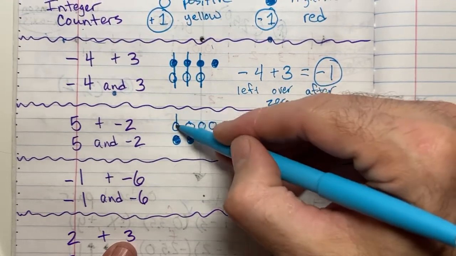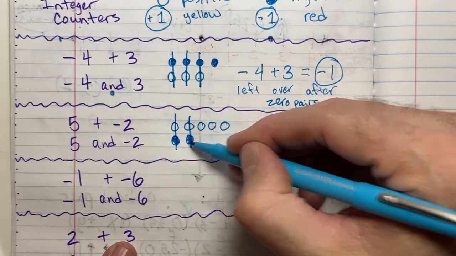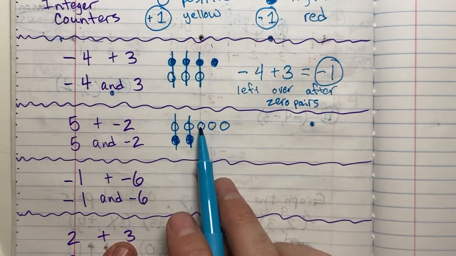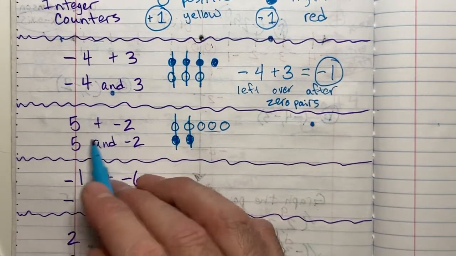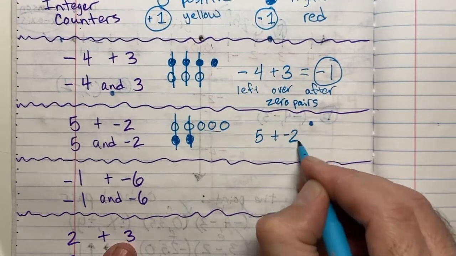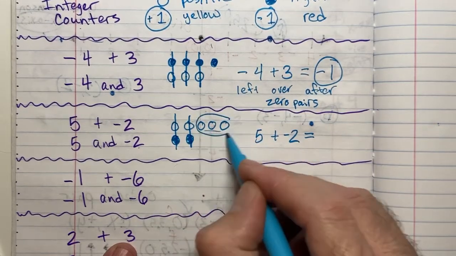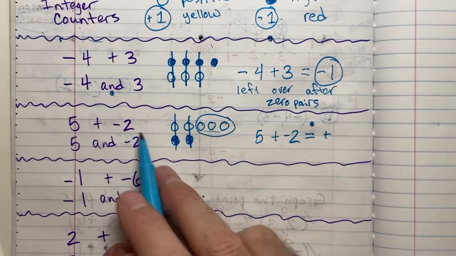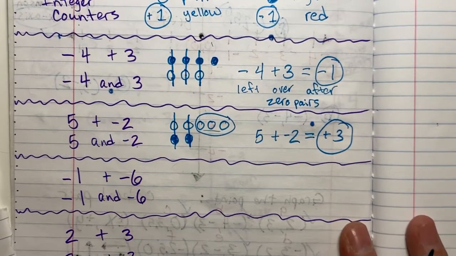Negative, positive, there's one pair. Negative and a positive, there's another one. And there's no other pairs left over, so now we have 1, 2, 3. For this combining problem, we had 5 plus -2, or 5 and -2, and we have more positives than negatives, so after we combine, our answer would be +3.